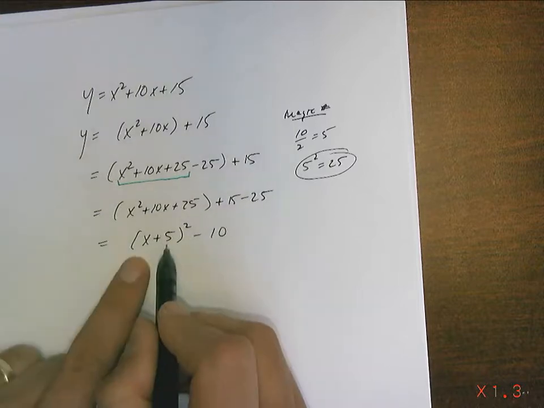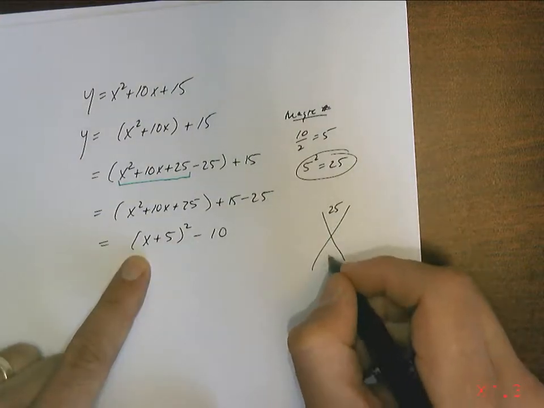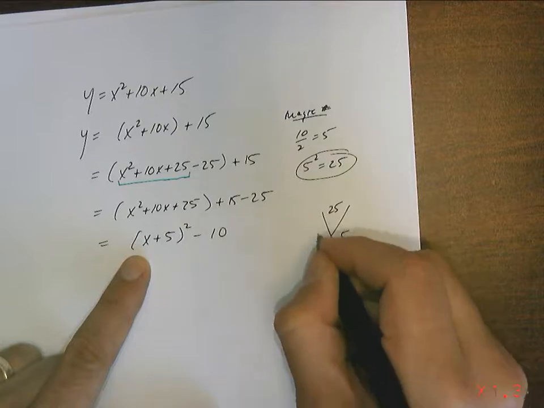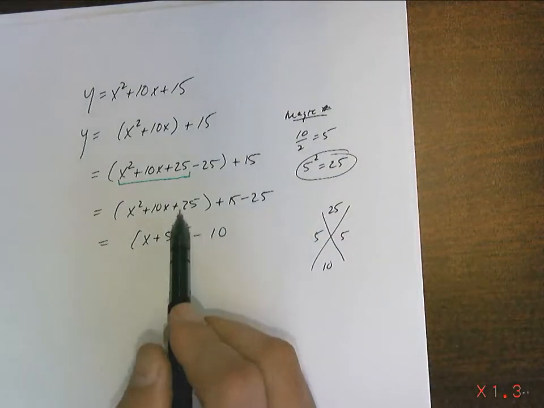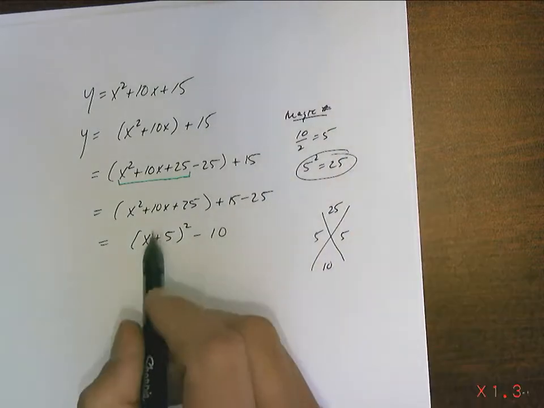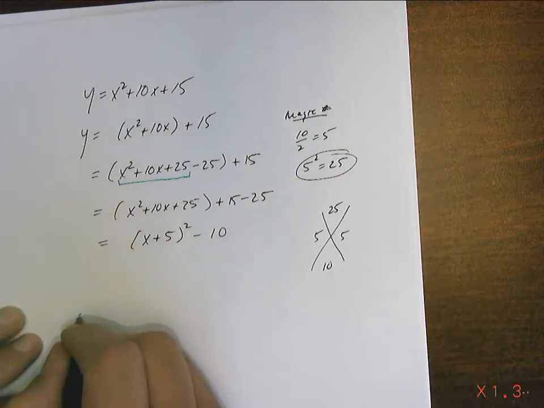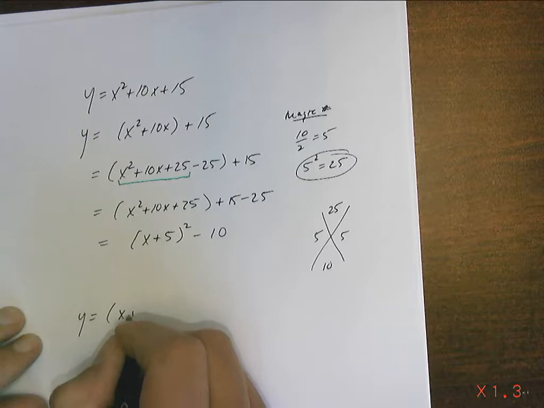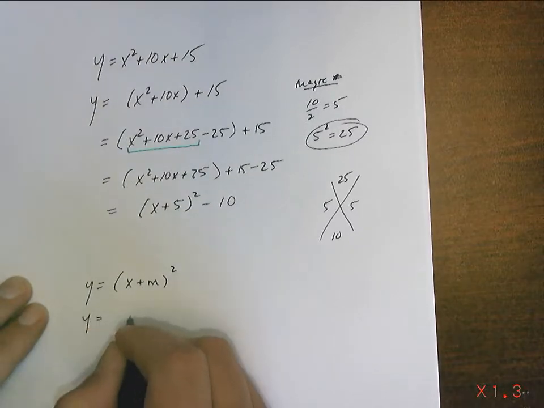Now, doing this, if you so want to, you can do the factoring, but I wouldn't. I know this is a perfect square trinomial. I made it a perfect square trinomial by using the magic number, which means that, remember when on that first page I showed you, if you've got the magic number squared in factored form, oops, sorry.